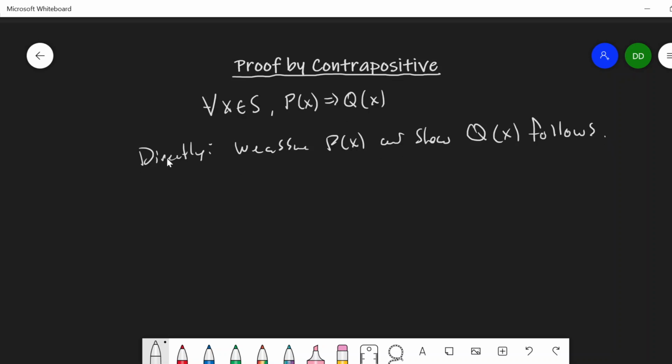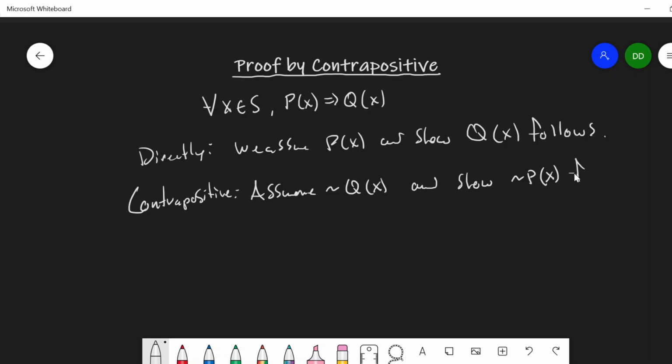That was the idea for a direct proof. In a proof by contrapositive, rather than assuming P of x, we assume not Q of x, and show not P of x follows.